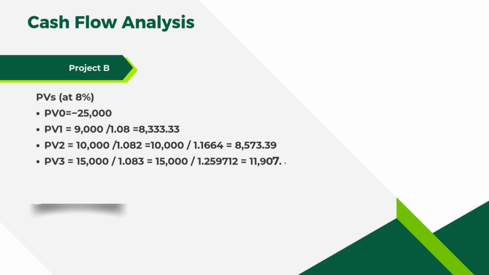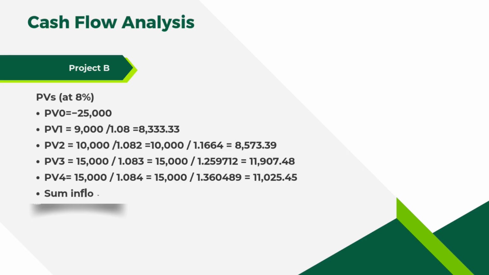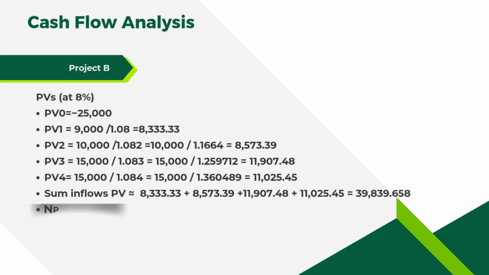A, PVs at 8%. PV0 equals negative 25,000. PV1 equals 9,000 divided by 1.08 equals 8,333.33. PV2 equals 10,000 divided by 1.08 squared, which is 10,000 divided by 1.1664, equals 8,573.39.